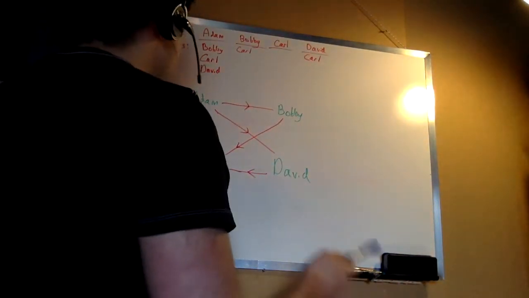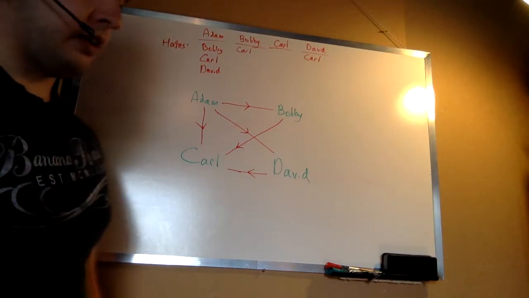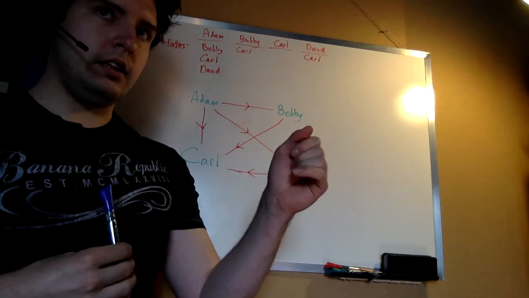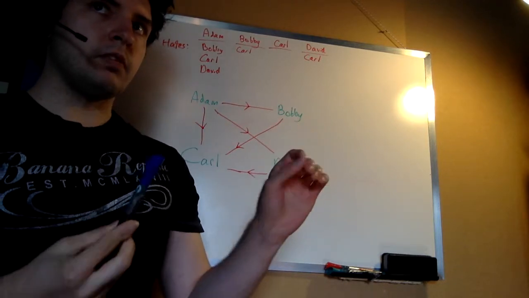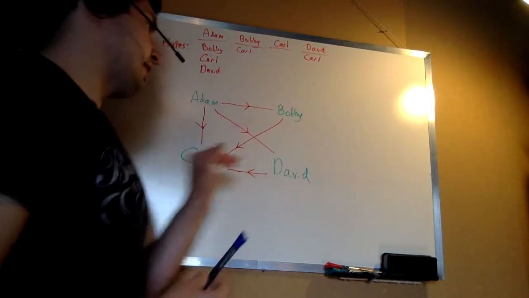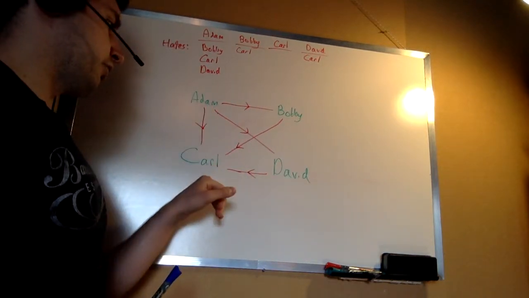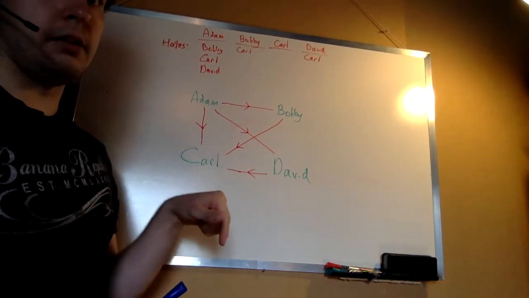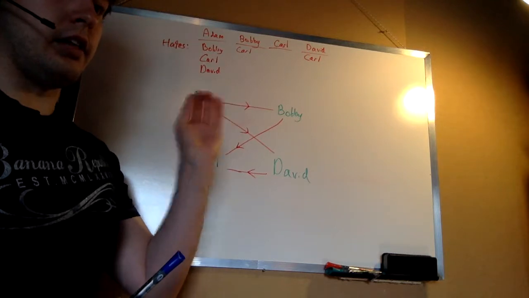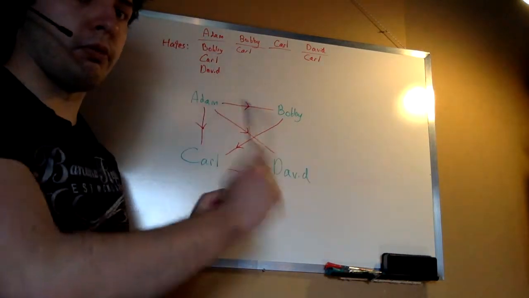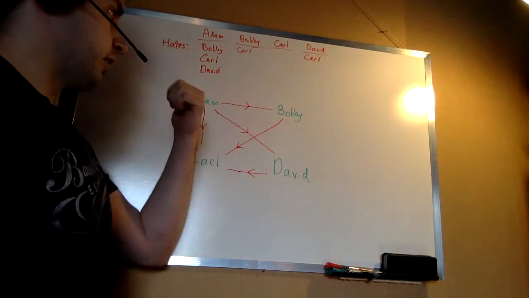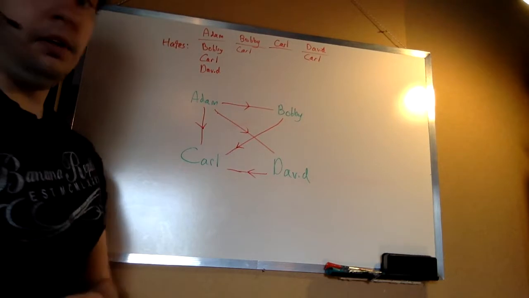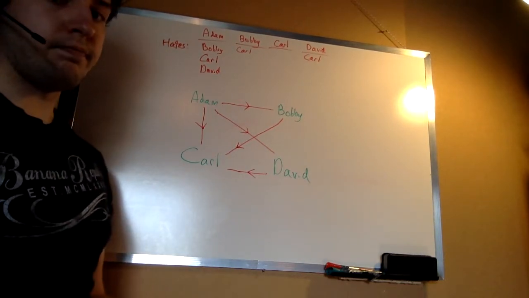All right, so remember the constraint, which I wrote up here: a hater is always ahead of a hatee. Basically, in this case, Carl should be at the back, because if anyone is in front of him, everyone hates him, so they can all throw stuff at him. And the converse is also true. If Carl is in the back, then Adam should be in the front, because Adam hates everyone else.